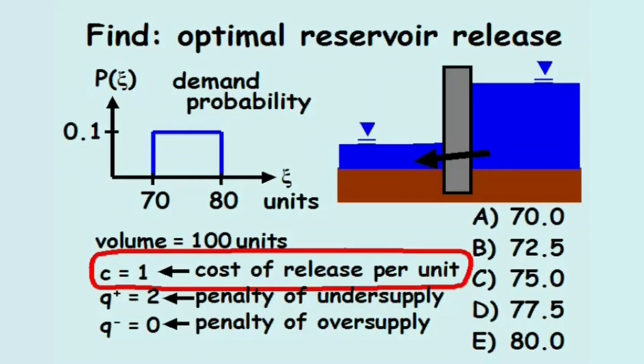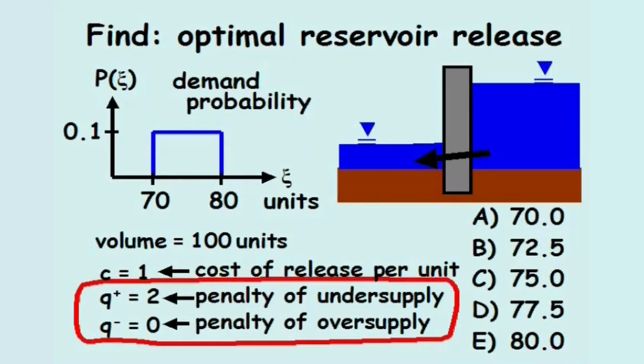The cost to release 1 unit of water is 1, and the penalty of not meeting the demand is equal to 2, and there is no penalty for oversupply.